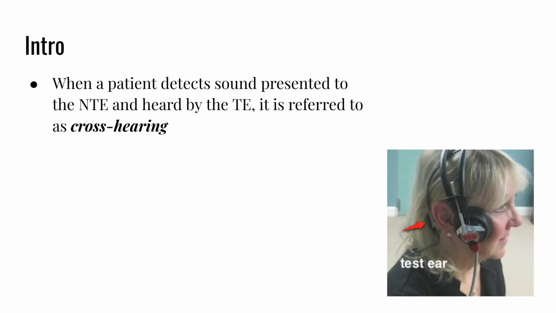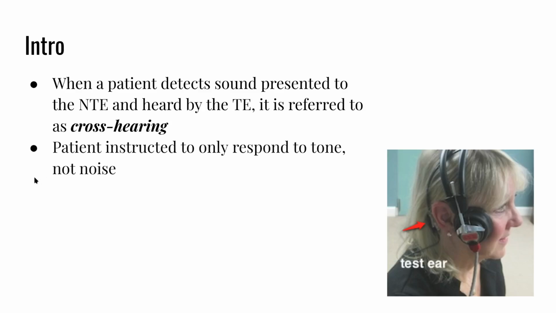I just had an error that I fixed in the PowerPoint that I want to rephrase here. I mistakenly said that incorrectly. Let me correct that. When a patient detects sound presented to the non-test ear and it's heard by the test ear, it is referred to as cross-hearing. So when you present masker noise to the non-test ear and it's heard by the test ear, that's referred to as cross-hearing.